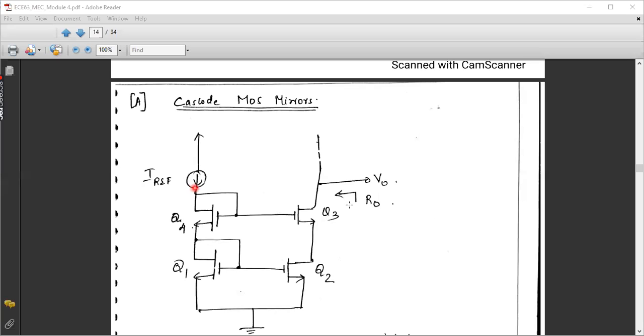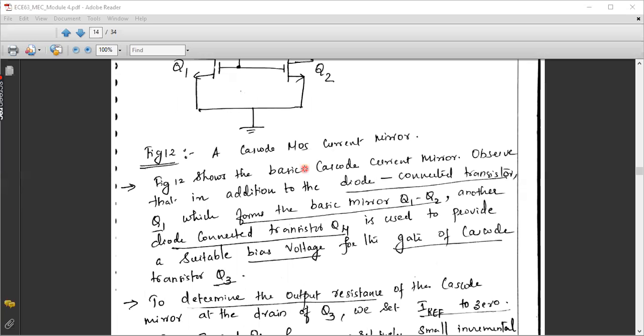The output current of Q3 and Q2 is dependent on the reference current IREF. Therefore, this is called a cascode mirror circuit. Since it makes use of MOSFETs, this is called the cascode MOS mirror.